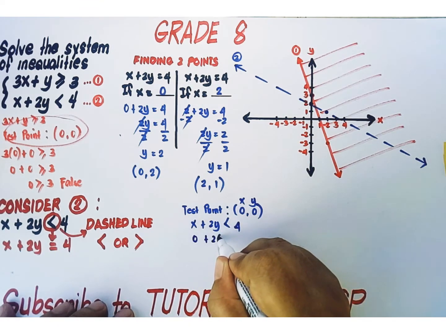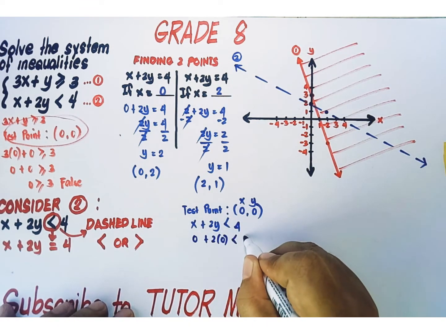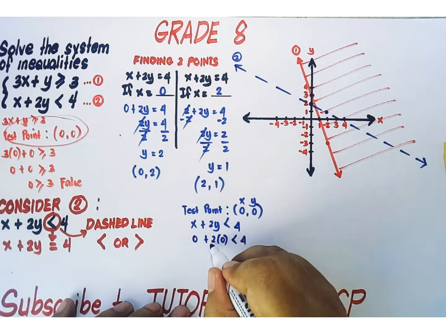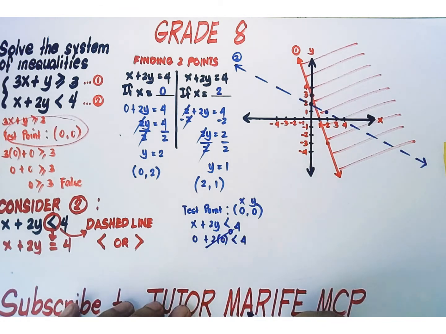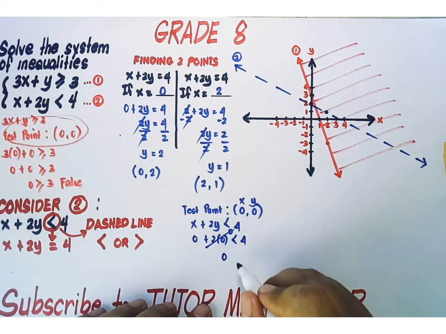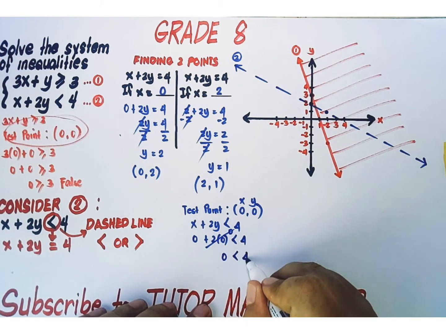0 plus 2 times 0 is less than 4. Any number multiplied by 0 is always equal to 0. 0 plus 0 is equal to 0. 0 is less than 4.